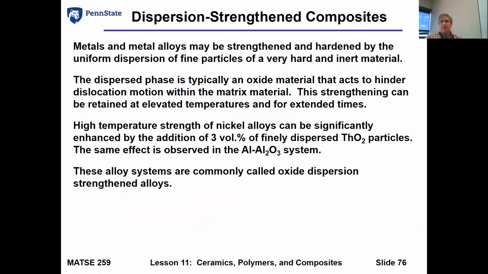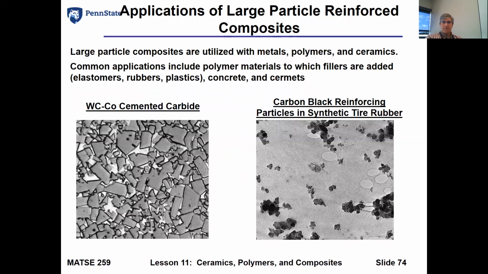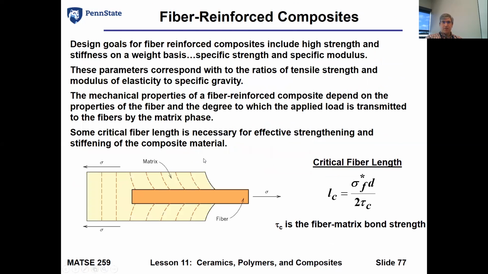They require powder-based processes to obtain this distribution of these particles, and then they need to be ball milled and a lot of other things to integrate these fine oxide particles into the matrix material. So they're not widely used. Most of the companies that started out in this business have either gotten out of it or gone bankrupt. You see a lot more large particle composites, particularly for these types of cutting, cemented carbide type applications.